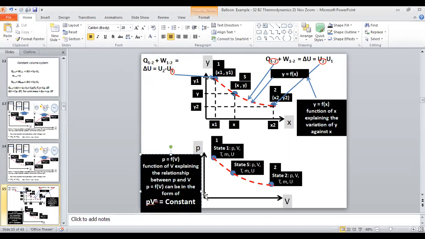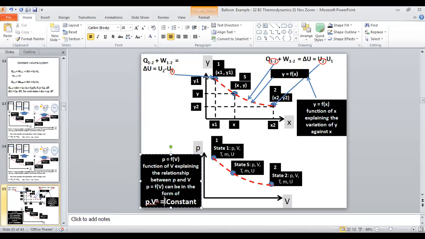P times V to the power n is a constant. So this happened to be the y equals f(x) for the PV curve, that is P equals f(V).